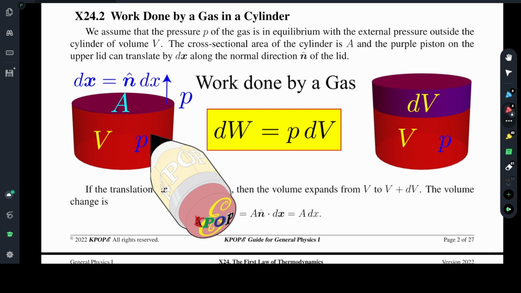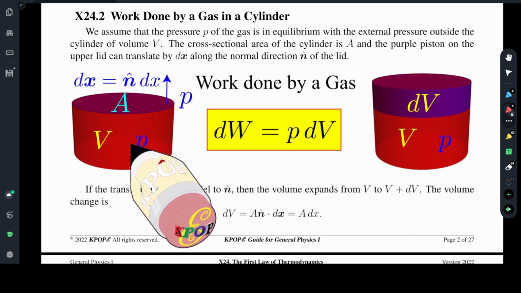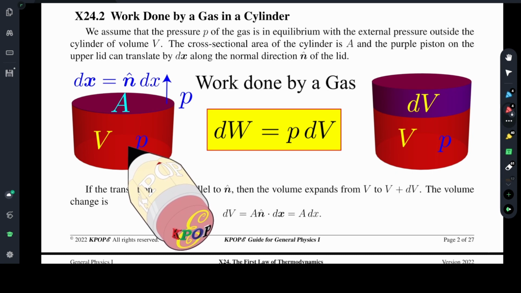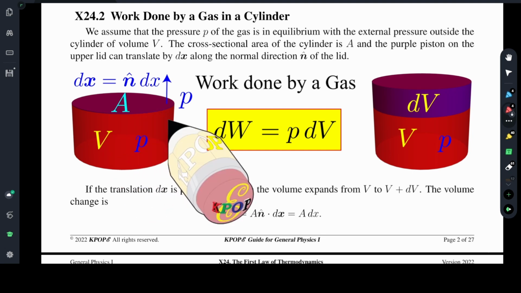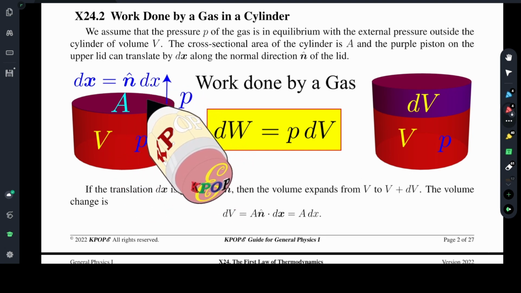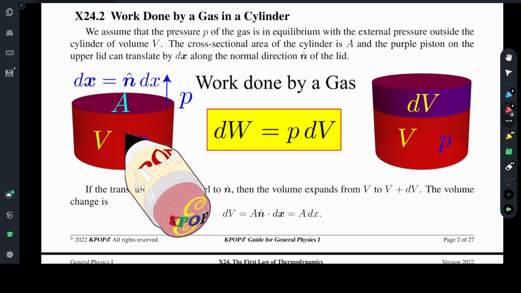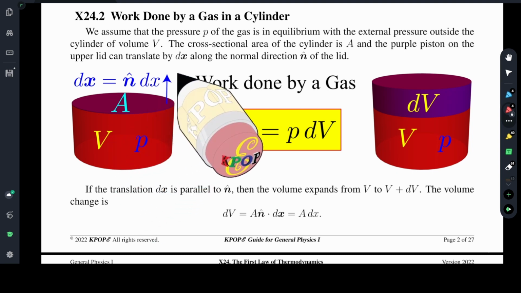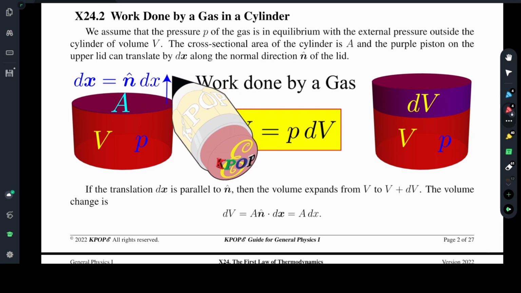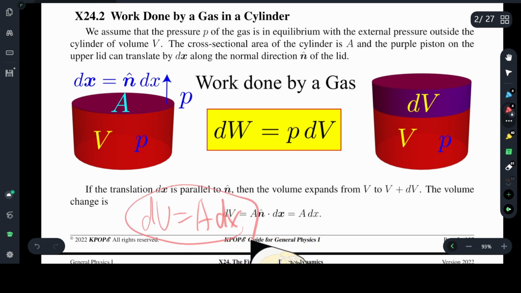If the gas is contained in a cylindrical container with the cross-sectional area A, and the piston translates by an amount dx, then the change in volume of the gas is the cross-sectional area A multiplied by dx. So the volume change dV is A times dx. The volume change is simplified in that case.